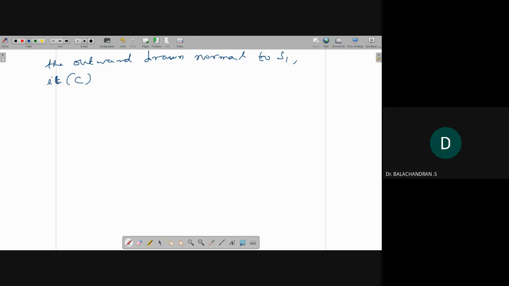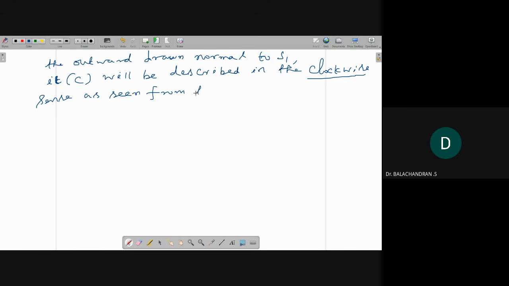then the closed curve C will be described in the clockwise sense, as seen from the positive tip of the outward drawn normal to S2.